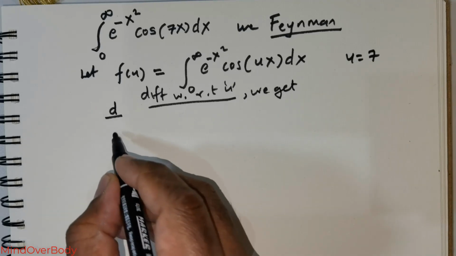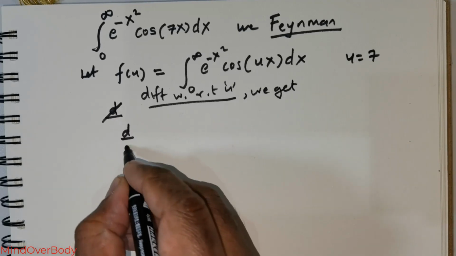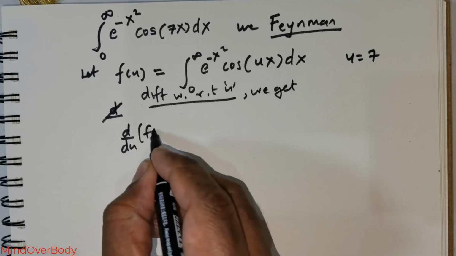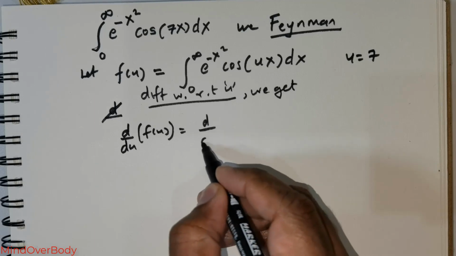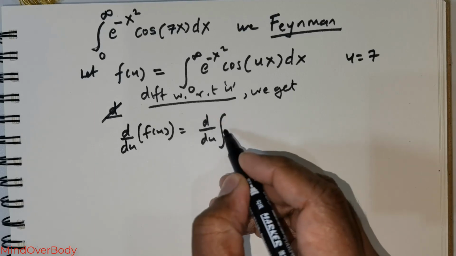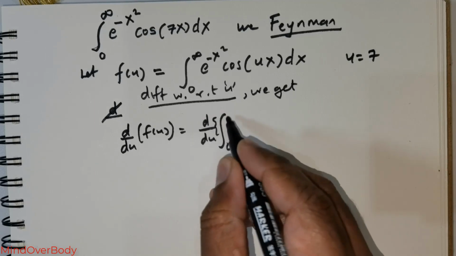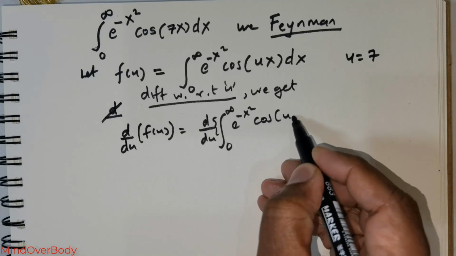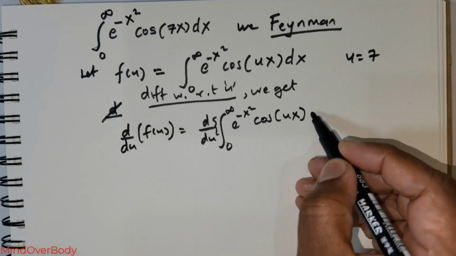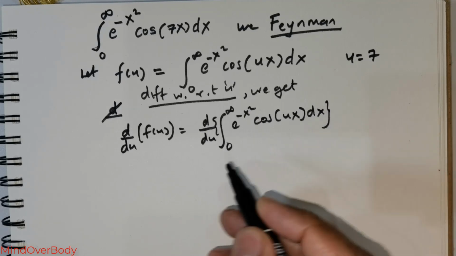Differentiating with respect to u, we get d over du of f of u equal to d over du of integral 0 to infinity e raised to the power of negative x squared cos of u x times dx.